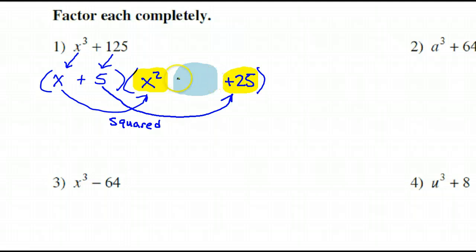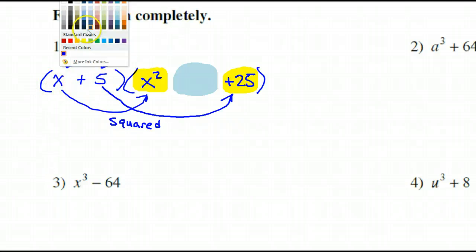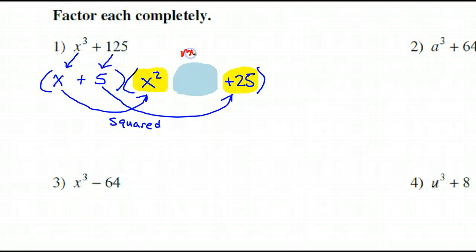Okay, now for the middle, you multiply these two together. If I multiply these two together, I'm going to get 5x. And the only thing is, it's always going to be the opposite sign.